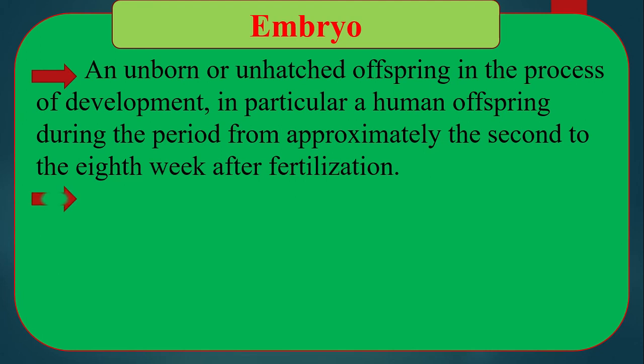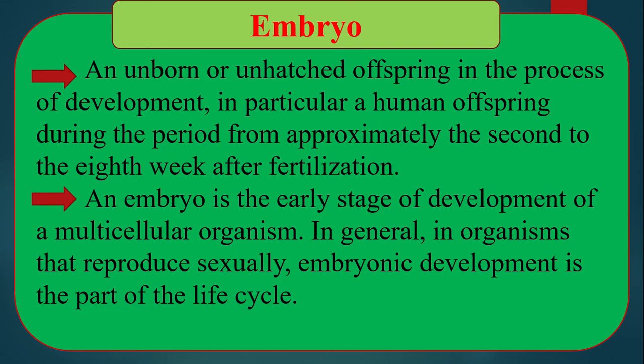Or we may say, an embryo is the early stage of development of a multicellular organism. In general, in organisms that reproduce sexually, embryonic development is the part of life cycle.